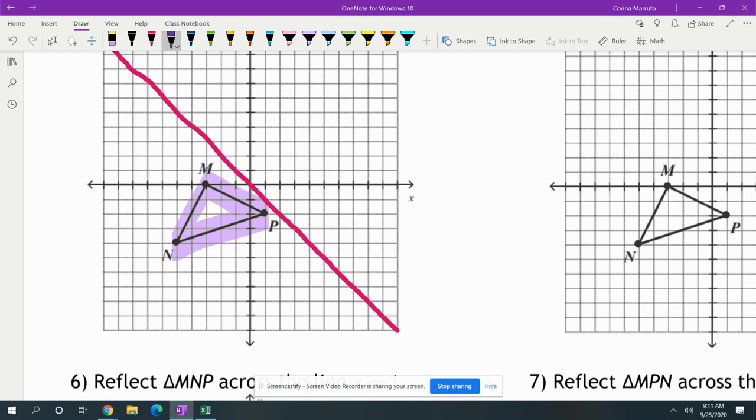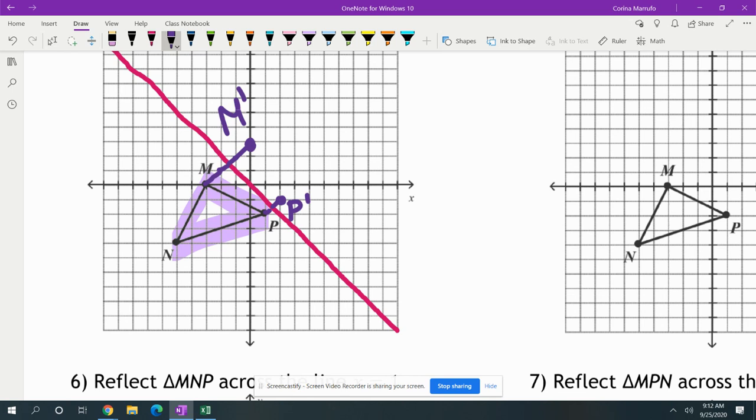Now we're going to take this triangle and reflect it across. Just like we did with the Y equals X line, we have to count how many diagonal spaces. Since P is half, we go half diagonally, and that is P prime. The same with M. It goes 1.5, so when we go diagonally, it should be 1.5 also. And this is M prime.